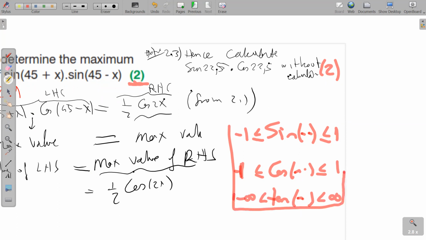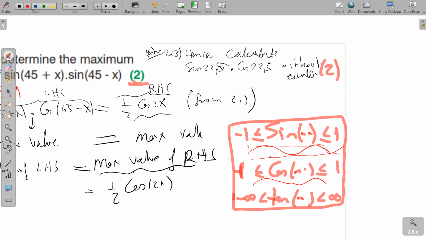There is no restriction for tangent. If you remember the graphs of sine and cosine from last year, the graph is like this. This also like this. So the maximum top value is 1, the minimum bottom value is -1, and everything is between them. But tangent has no restriction.